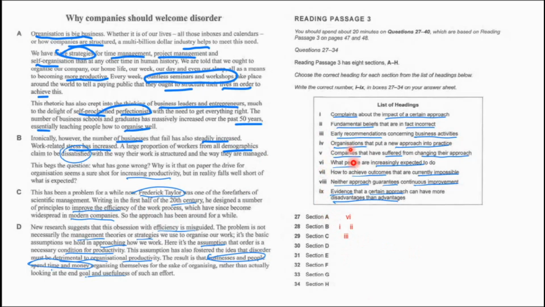So let's move to the fourth, organizations, companies. They didn't mention that in this one, so fourth and fifth could not be our answer. What people are increasingly expected to do, they didn't mention anything like what people should do. And the seventh, eighth, and ninth are talking about outcomes.